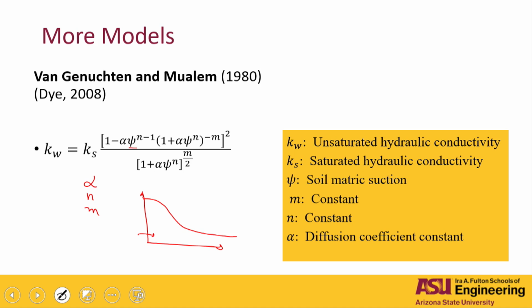The Fredlund and Xing equation, on the other hand, is something that you just get into here. That creates some problems as well, right? There's a lot more instability because you need 4 parameters. But it fits the equation to the 1,000 megapascal or 1 million kilopascal that we talked about this morning as well. And this is good for the modeling effects, right?